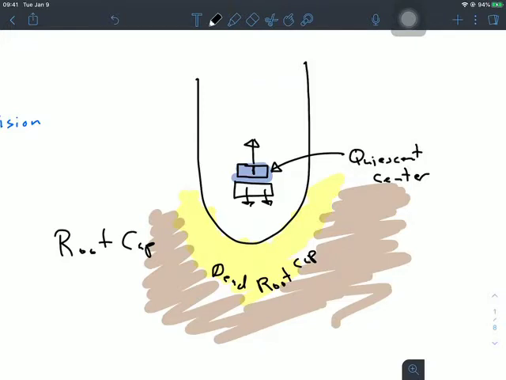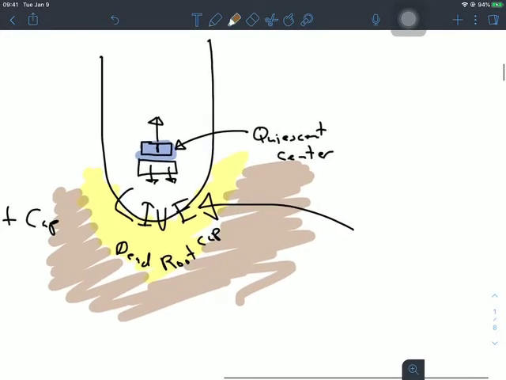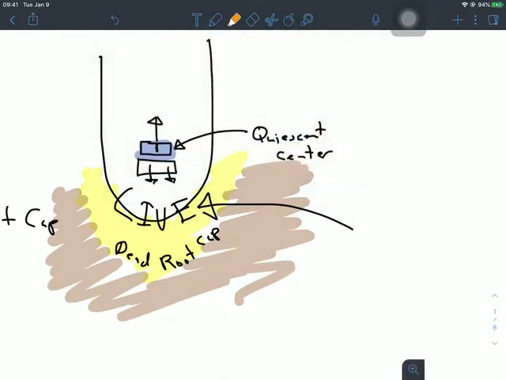Behind your dead root cap, you have your live root cap. And the live root cap has two distinct regions to it. The region that is living and copying and going in this direction, directly at the front, we call the columella.